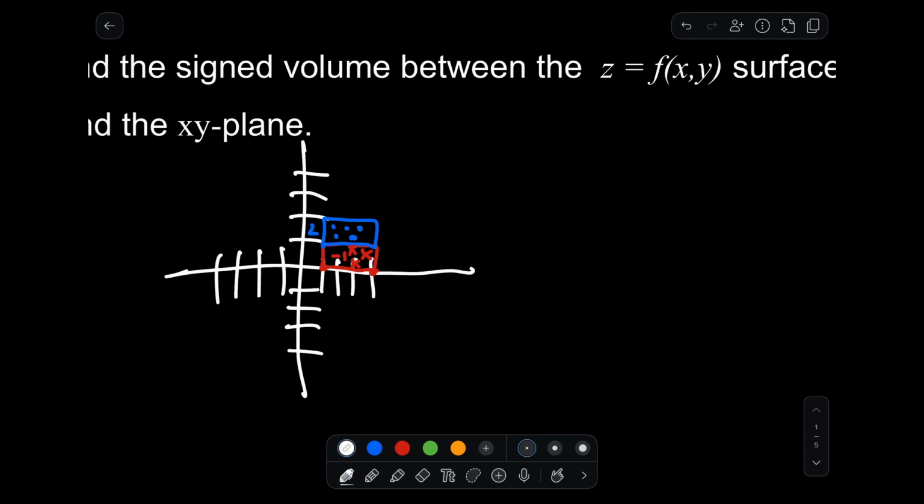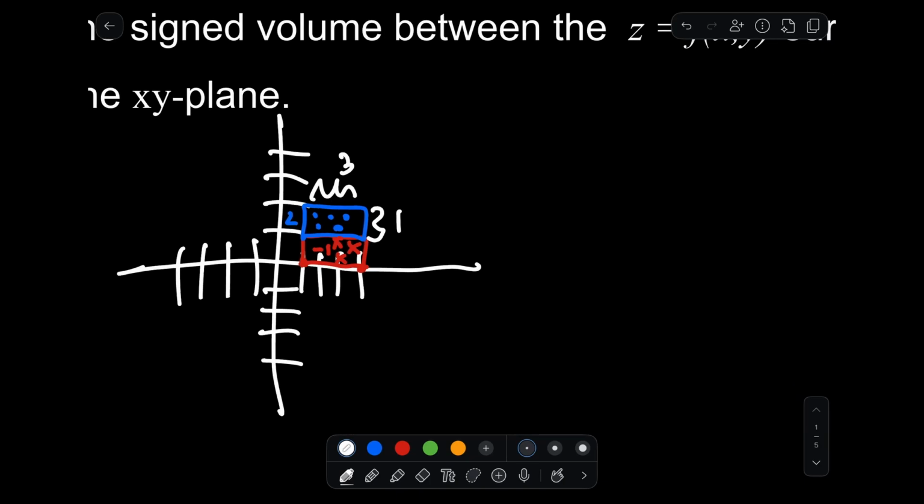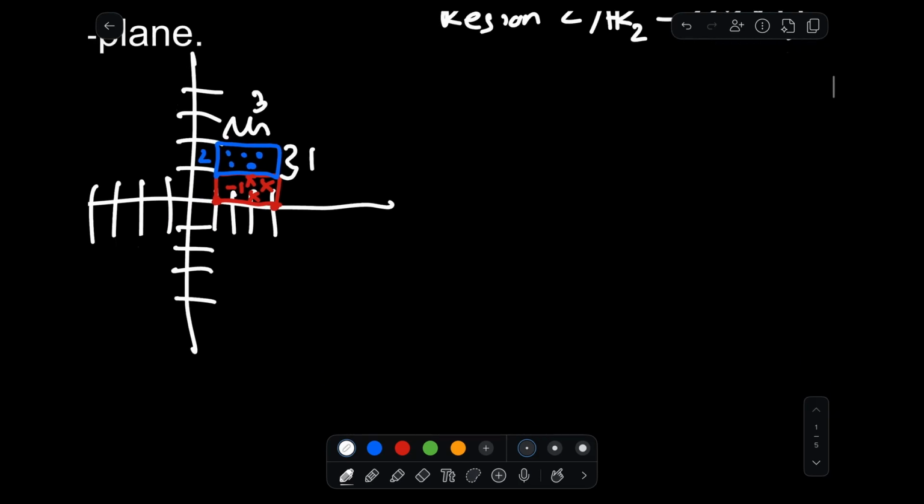And in essence, what we can do now is say we have our y direction and x direction being constant value. So we have 3 times 1, which is 3, times 2, which is 6. So we have region 2, R2, equaling 3 times 2 times 1.